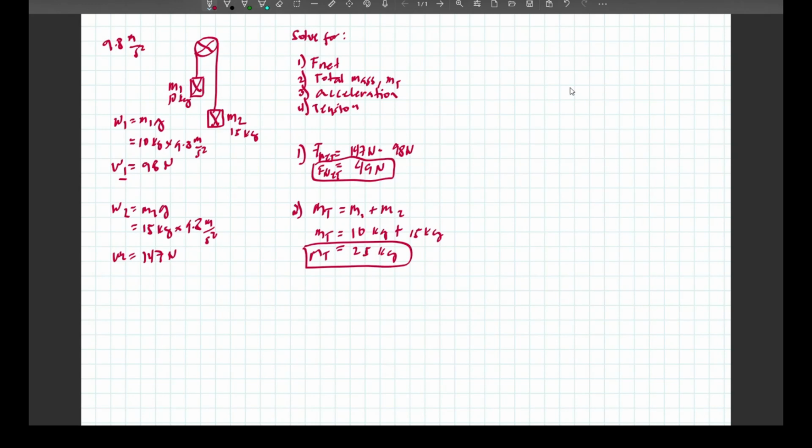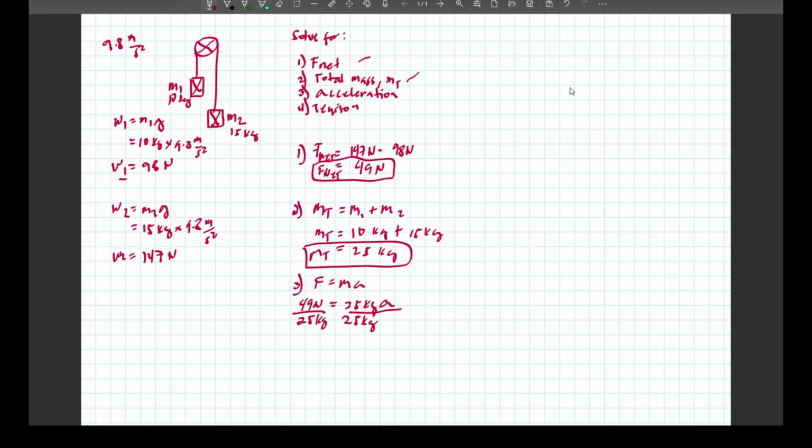Okay, so number 3 is the acceleration. Now keep in mind that when we solve for the acceleration, we're going to use the F net and the total mass, because you have to remember that the system is connected by the string. So we can use Newton's second law, F equals ma. Our F net is 49 Newtons, our total mass is 25 kilograms, multiplied by acceleration. So we do not want 25 kilograms beside acceleration, so we need to divide this side of the equation by 25 kilograms, and we need to do it also on the left side of the equation.